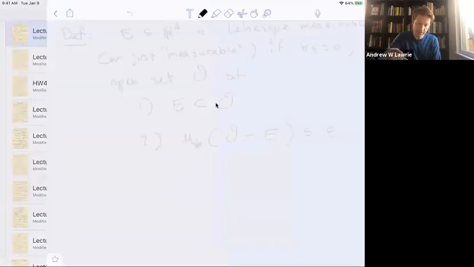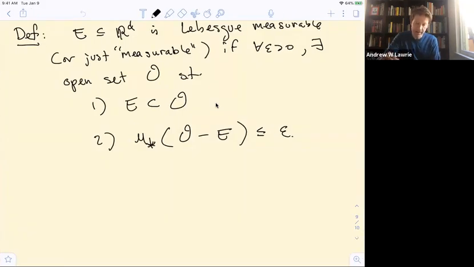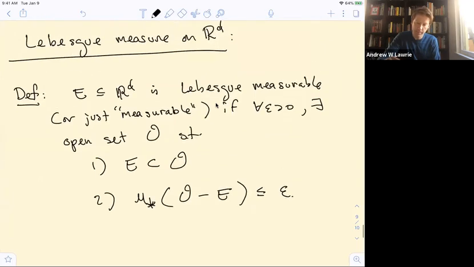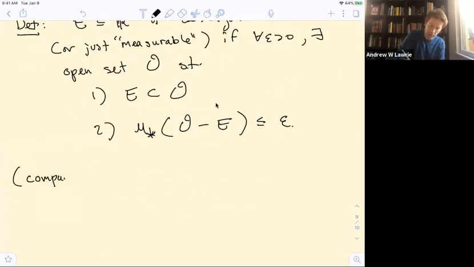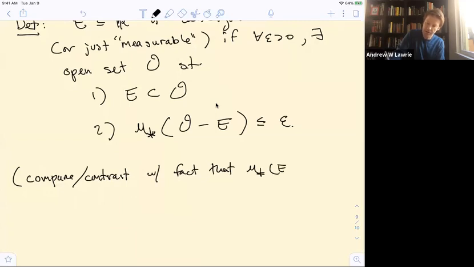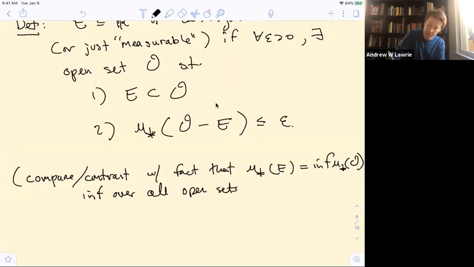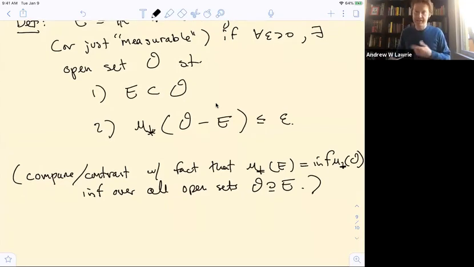This is pretty subtle, and I want to compare it with a property that we already proved, and contrast it with the fact that the exterior measure of a set E was equal to the inf over all open sets O containing E. So remember, I just wanted to emphasize that this is different.